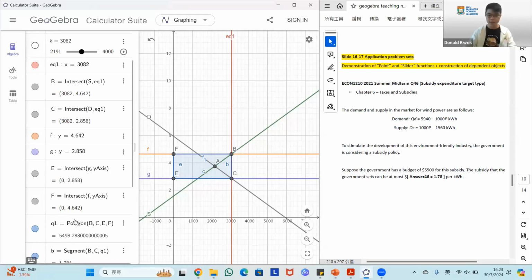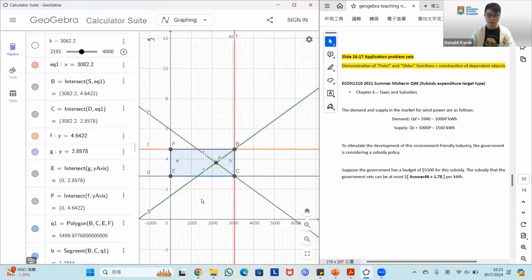So as you can see, the new quantity will be between 3,082 and 3,083 to attain the desired target, 5,500 of subsidy expenditure. So you can further do a little bit of trial and error. Right now, it is already quite close to the target 5,500, and we can accept the result here.